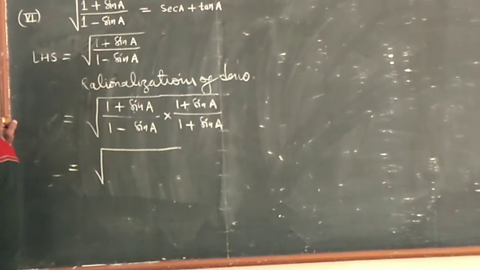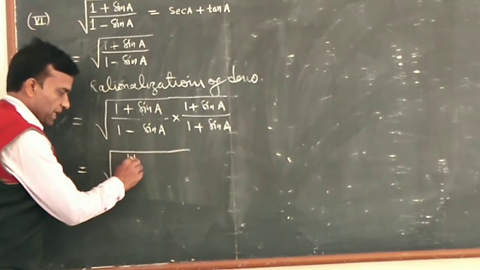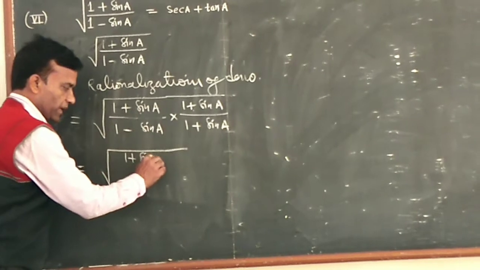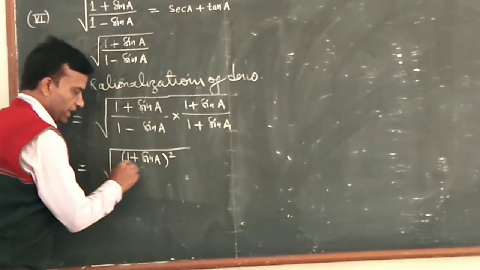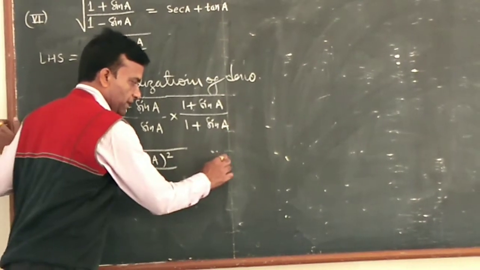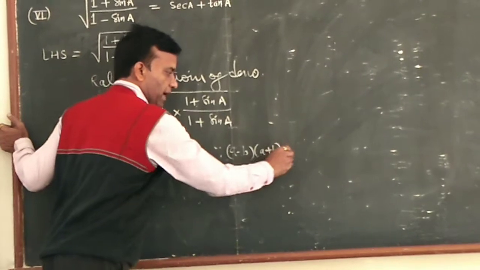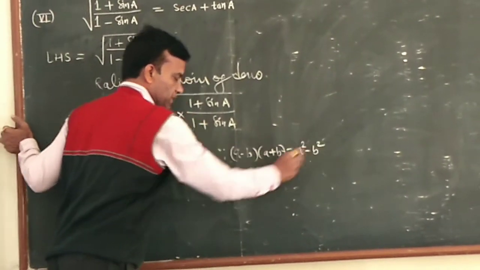Then what? It is a whole square. So (1 plus sin a) whole square in the numerator. But your denominator has the alternate part, a minus b, a plus b. Since 1 minus sin a and 1 plus sin a form a minus b and a plus b, we have a square minus b square.